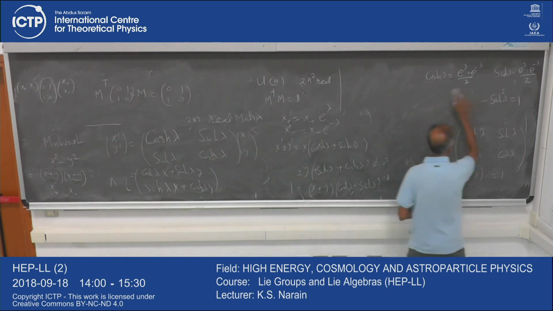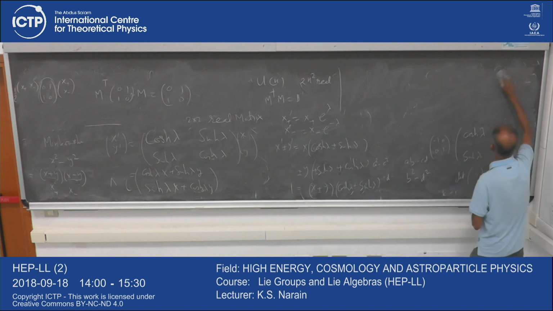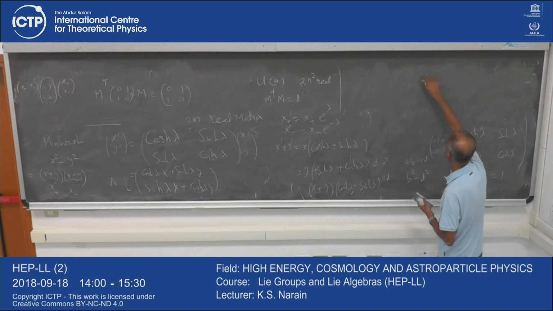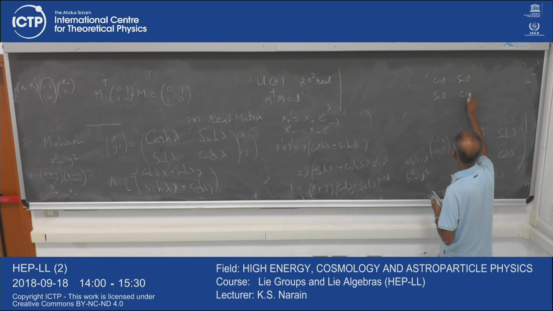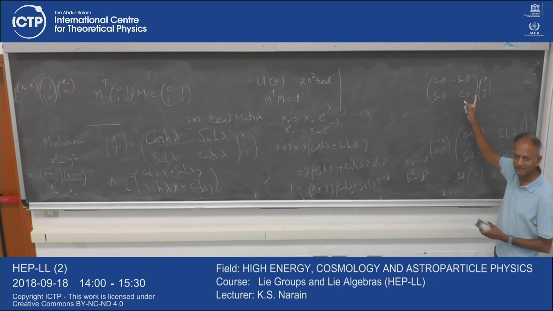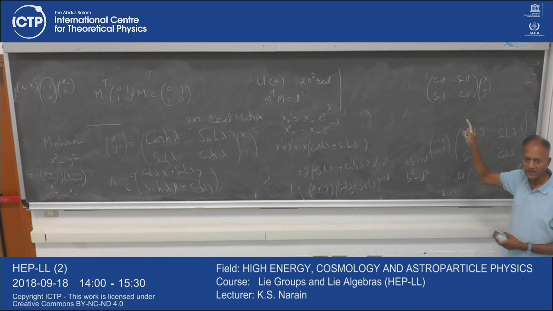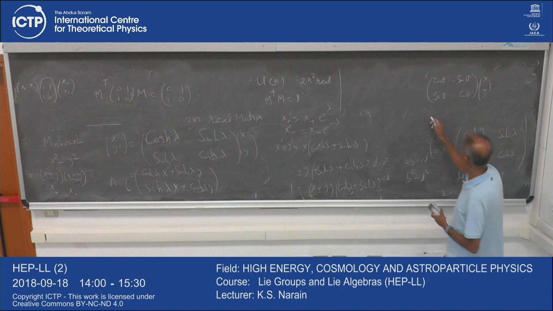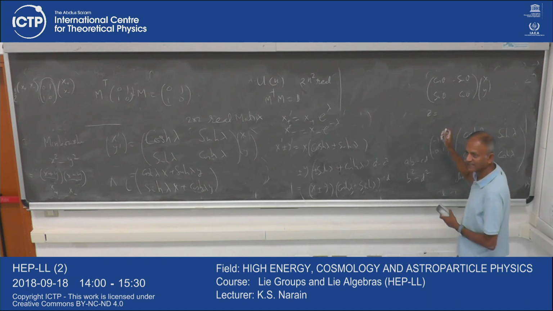So remember, we discussed O2. In the SO2 case, let's say, you had cos theta, minus sine theta, sine theta, cos theta. This was the way xy was transformed, for the Euclidean case, where the length was x squared plus y squared. But then we went to the complex coordinate z, which was x plus iy.